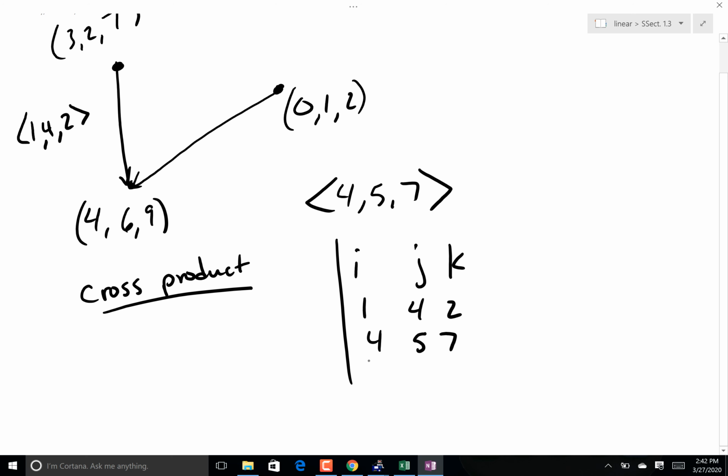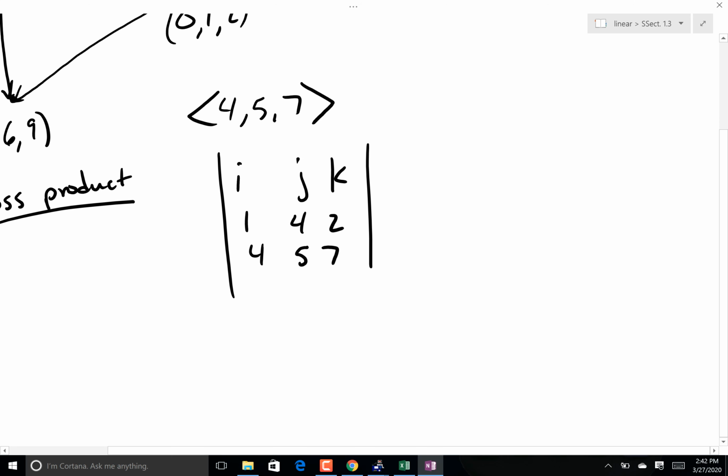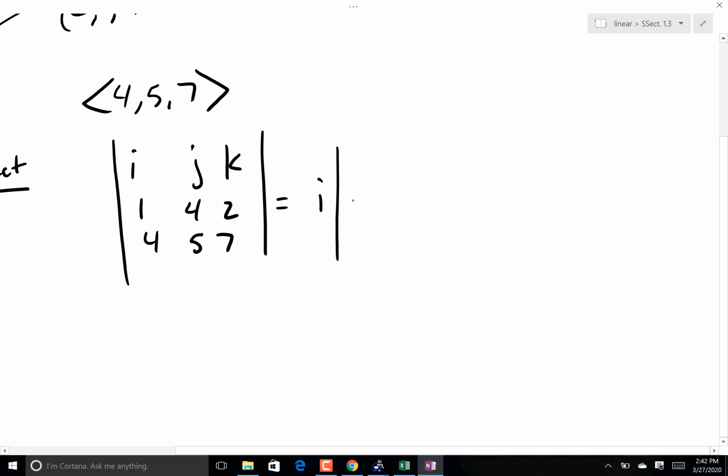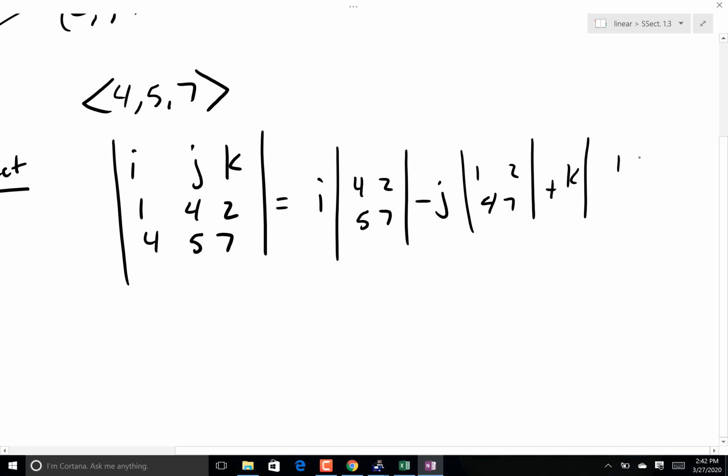A cross product is the determinant of this matrix. Remember, i is the unit vector in the x direction, j is the unit in the y, k is the unit in the z direction. If I take the determinant, it's going to be i times, and when you expand by minors, you get (4, 2, 5, 7), minus j, always minus j, (1, 2, 4, 7), plus k, (1, 4, 4, 5).